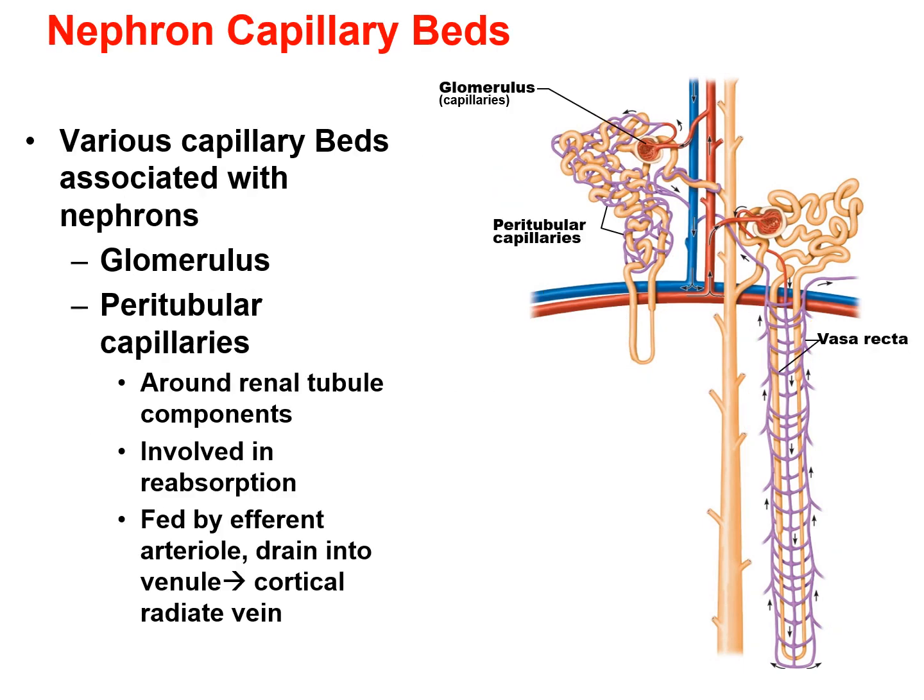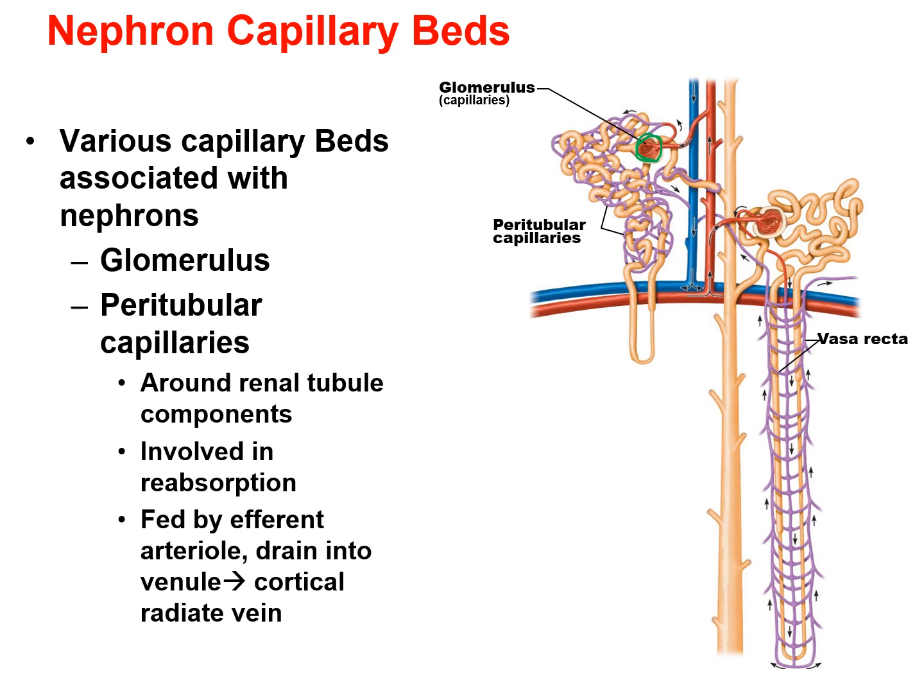Your nephrons are going to be associated with a few different types of capillaries. We already spoke about one of them, the glomerulus. Remember that the glomerulus is a capillary tuft, and so that would be one type of capillary associated with your nephrons. Another capillary bed associated with your nephrons is the peritubular capillaries.